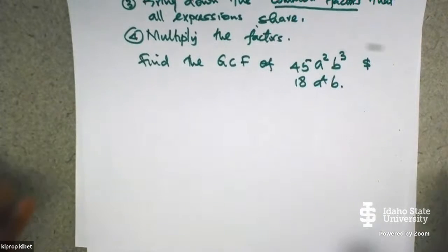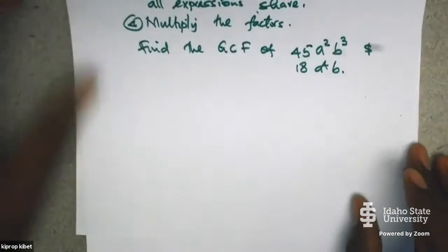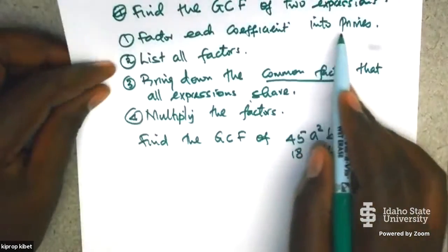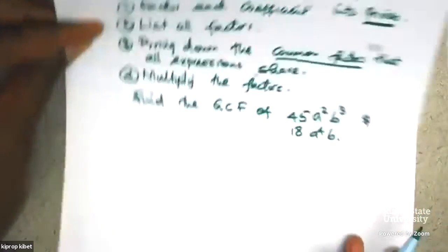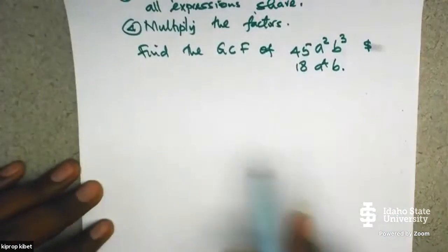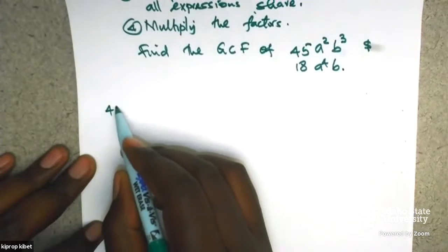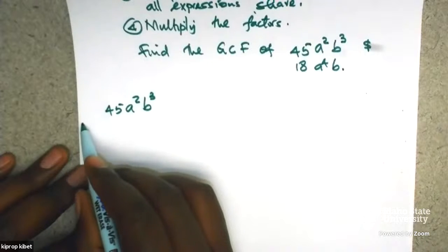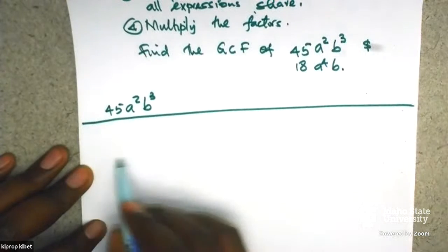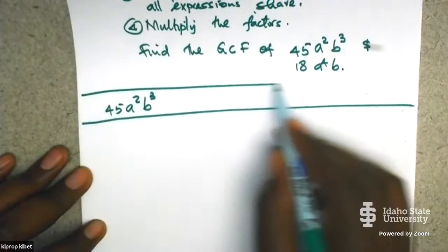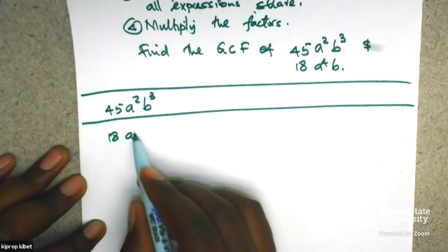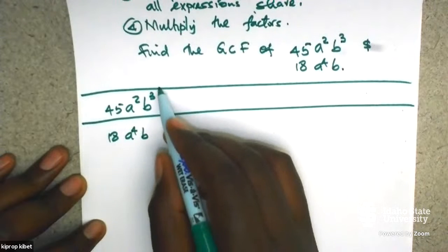Start by factoring each coefficient into primes. I put 45 a squared b cubed, draw a line, and then put 18 a raised to 4 b.